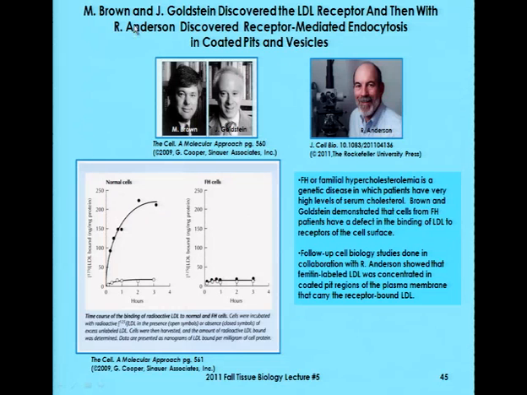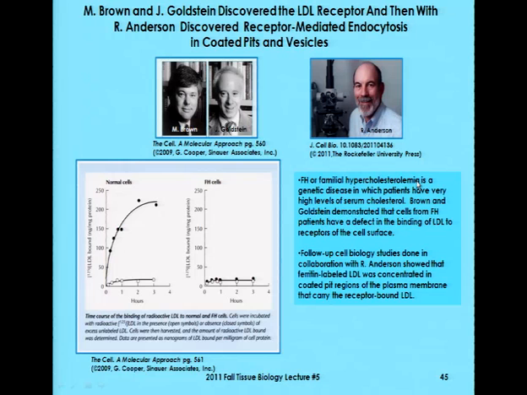Now, some years ago, Michael Brown and Joseph Goldstein discovered that there's a receptor for LDL, and this receptor is missing in patients that have a genetic disease called familial hypercholesterolemia.